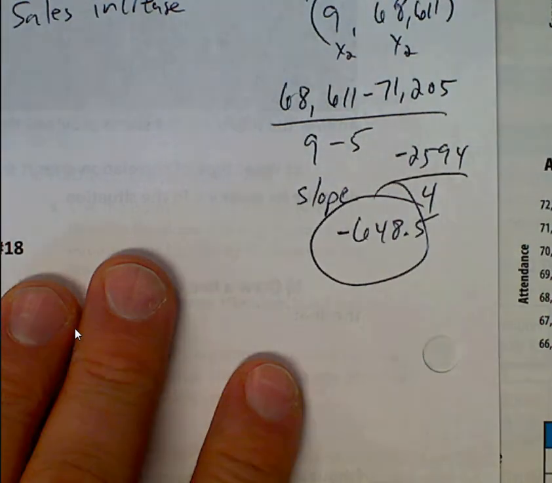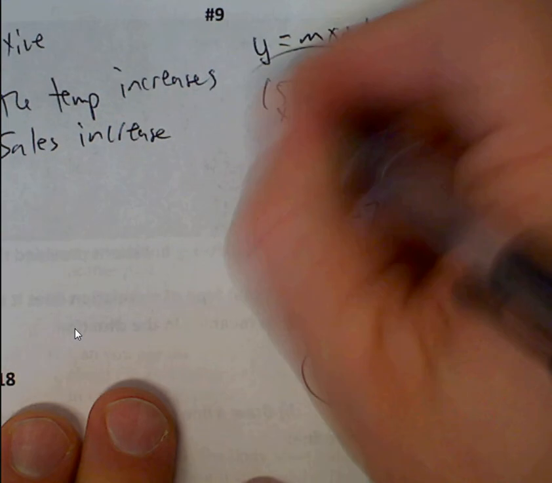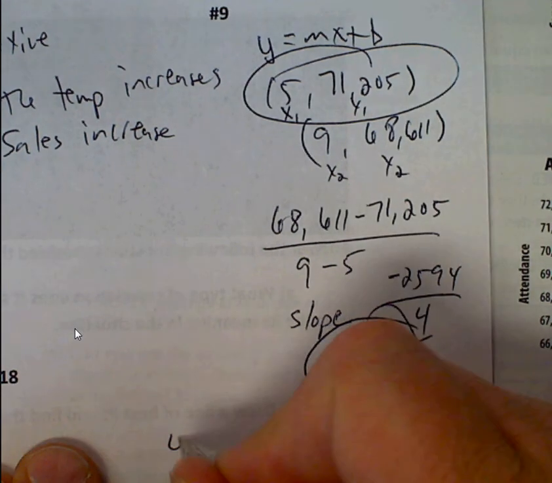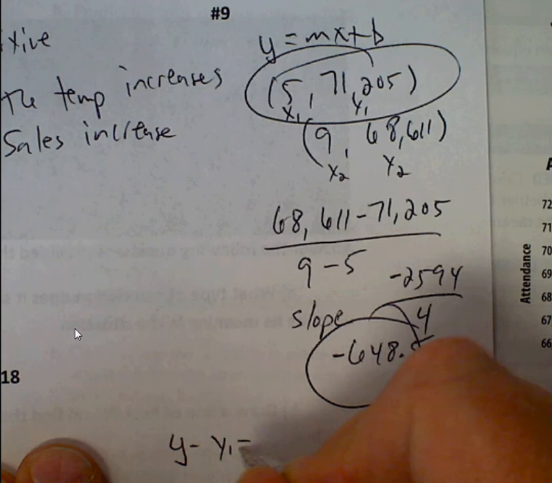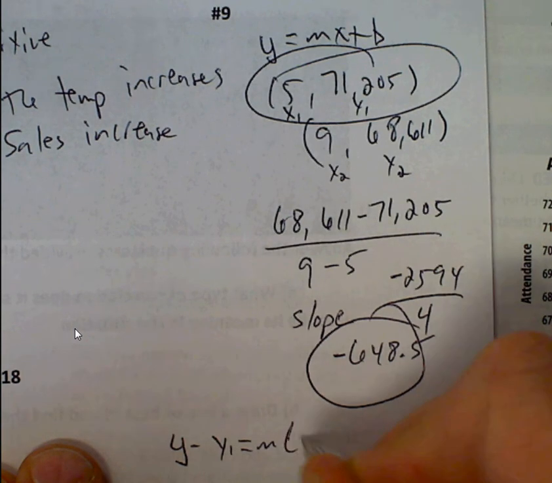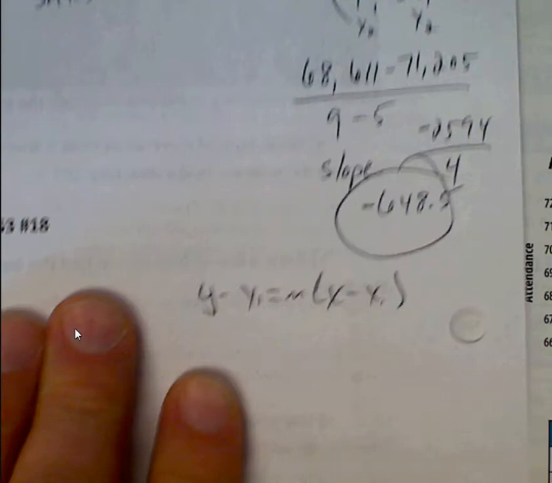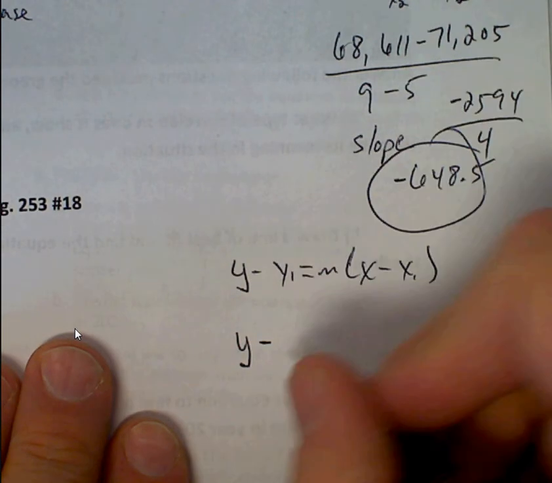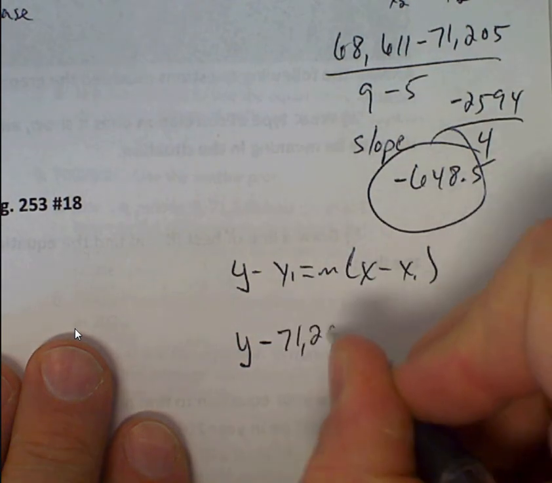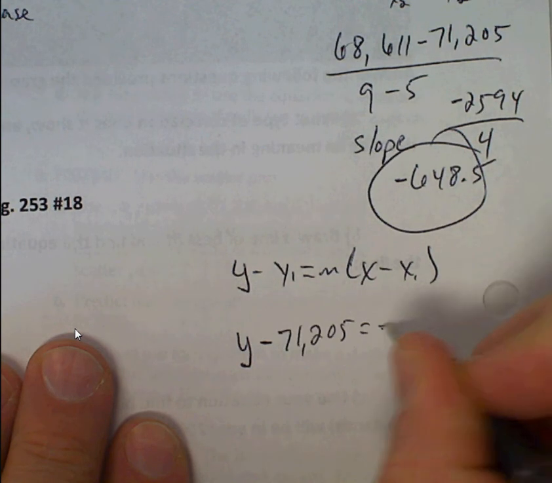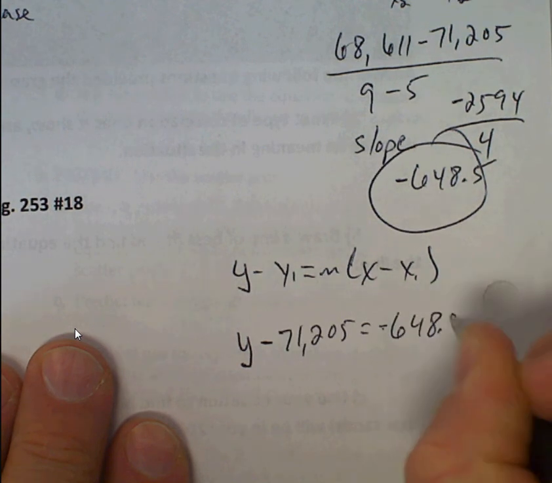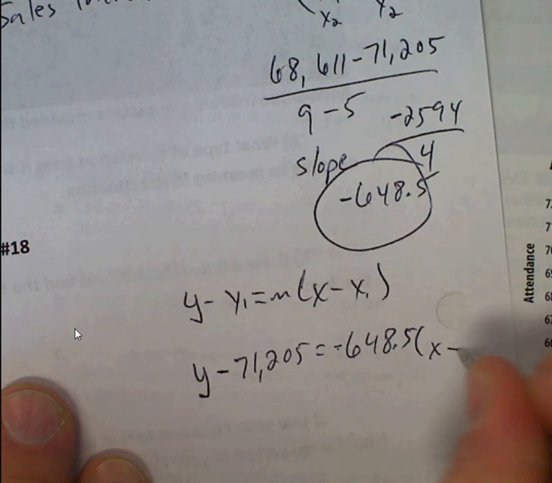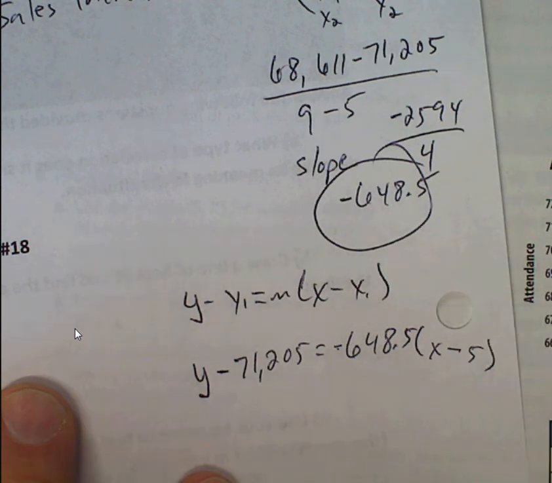If I know what my slope is and I'm given a point, I will use point slope. Y minus y1 equals m, x minus x1. So y minus my y1, 71,205, equals my m, negative 648.5, x minus my x1, which is 5.